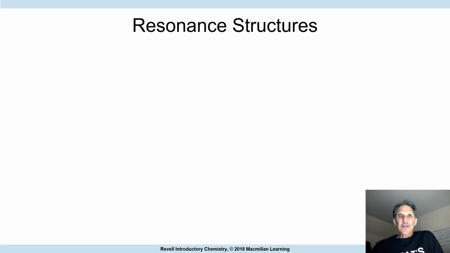So what we just hinted at is more than one form of a given molecule, and that leads us into resonance structures. Resonance structures are the possibility of slightly different forms of a given molecule.